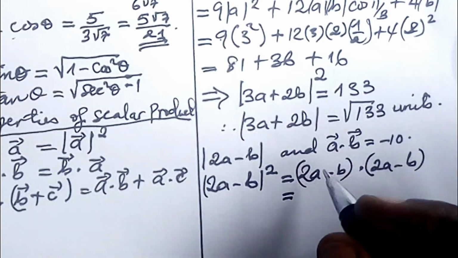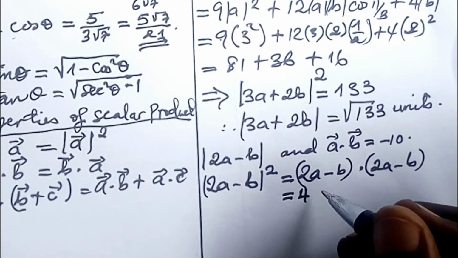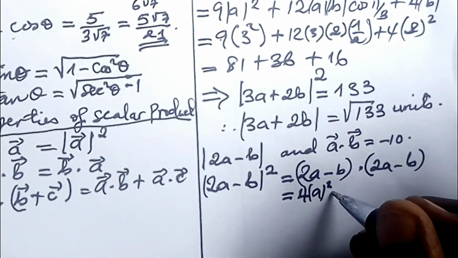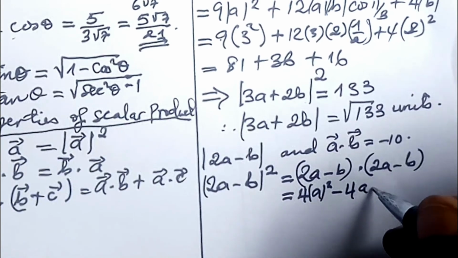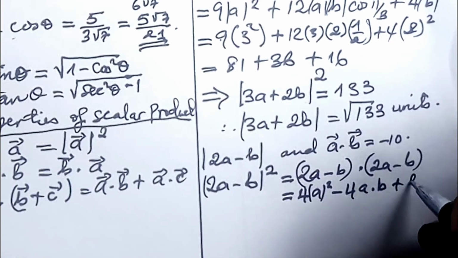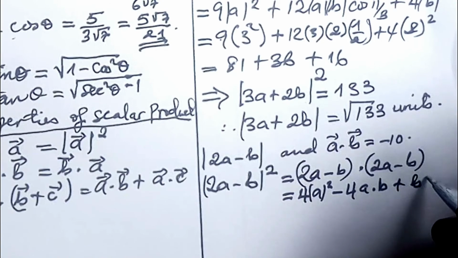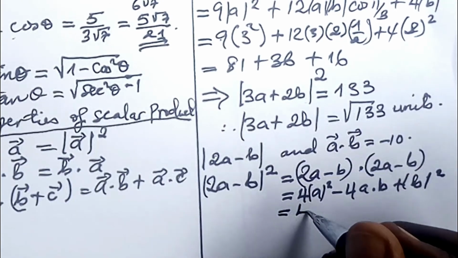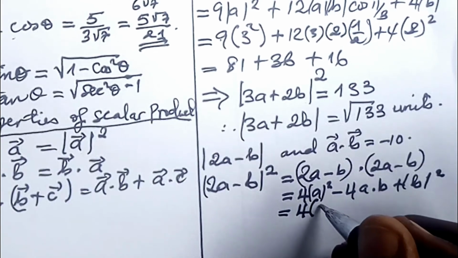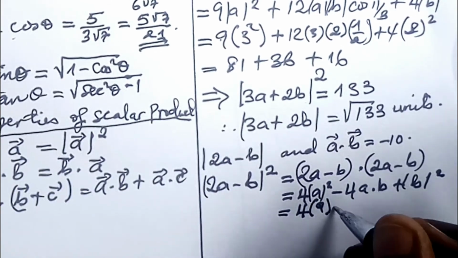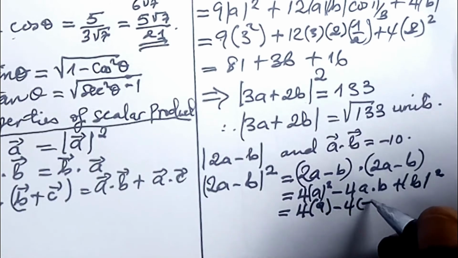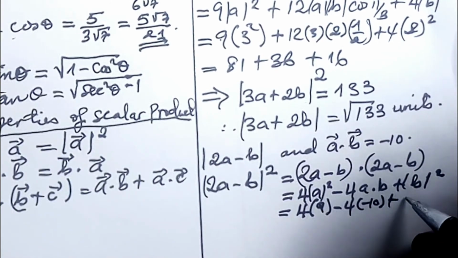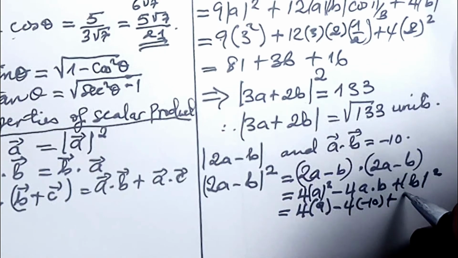And then when I expand directly, I will get 4a dot a, which is the magnitude of a squared, minus 4a dot b plus b dot b, which is the magnitude of b squared. And from here I get 4 into 3 squared, which is 9, minus 4 into negative 10, since a dot b is negative 10, plus the magnitude of b squared, which is simply 4.